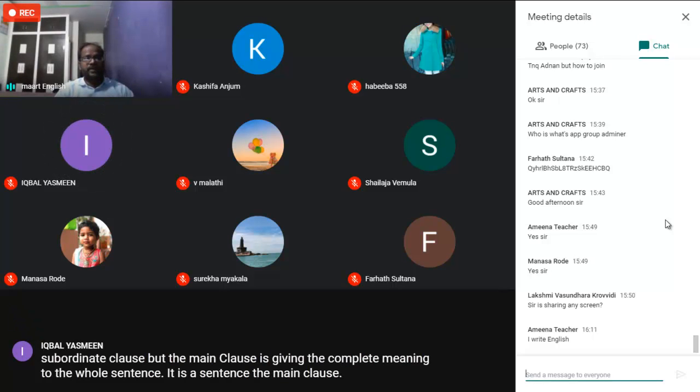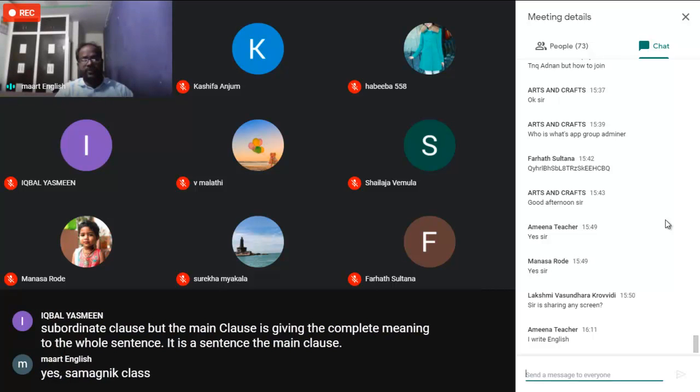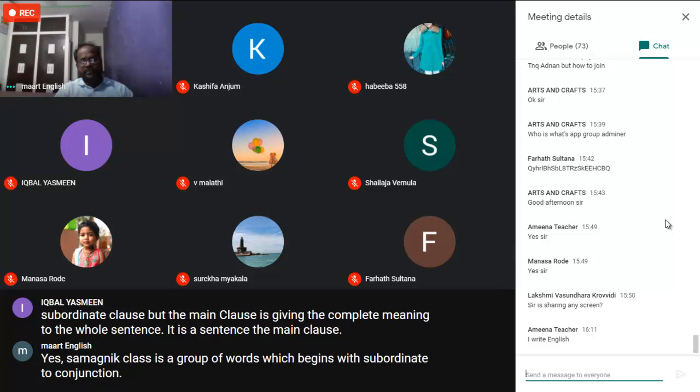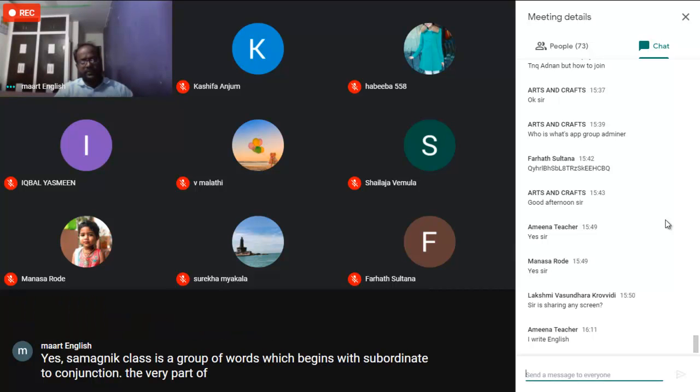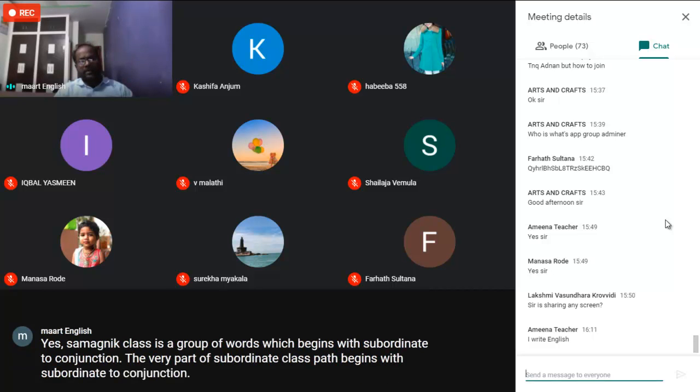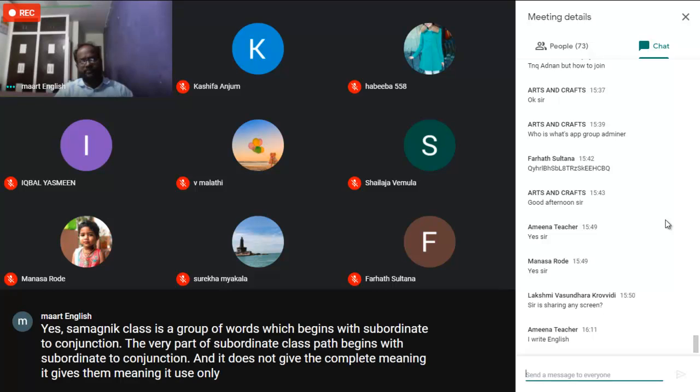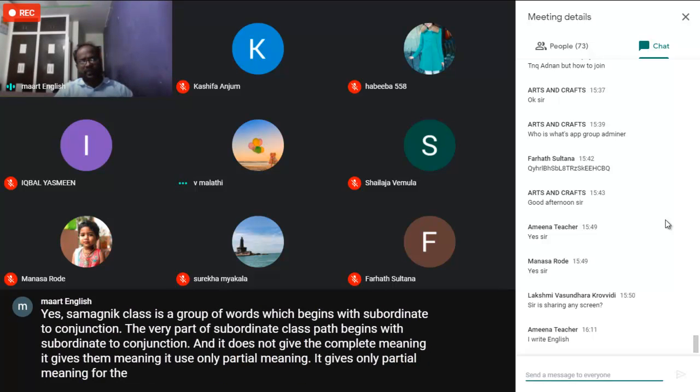Yes. Subordinate clause is a group of words which begins with a subordinating conjunction. It does not give the complete meaning. It gives only partial meaning. For the complete meaning, it depends on the main clause.